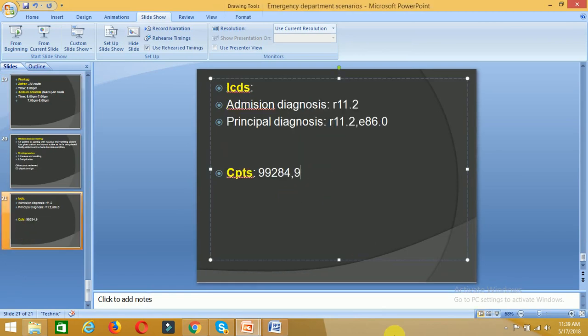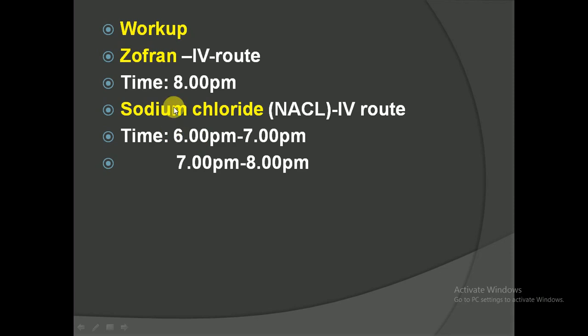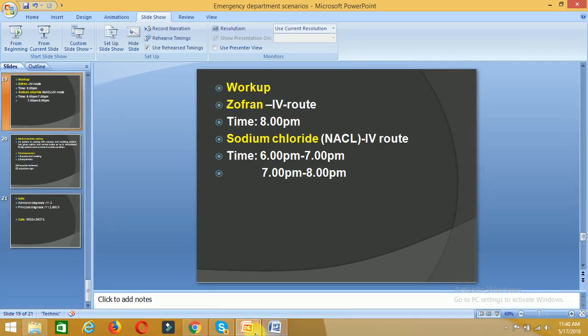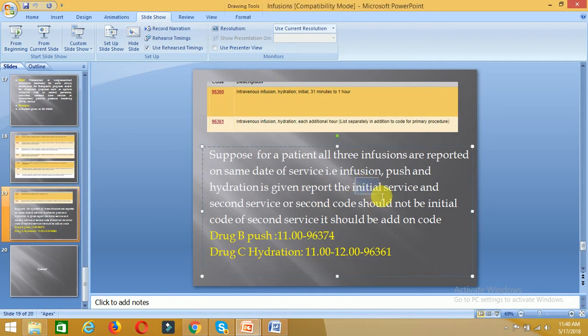Okay, so now I am adding that here: 96374. Next we will see NaCl. The physician has given sodium chloride, right? NaCl by IV route, and we have the timing also, hydration coding. So 6 to 7 and 7 to 8 o'clock. As per the guideline of infusion injection coding, which I explained in the infusion injection session, see here, when the initial service is done and a second service is also done, we should not give the initial code of the second service, we need to give the add-on code.